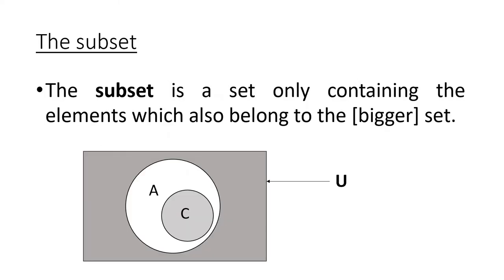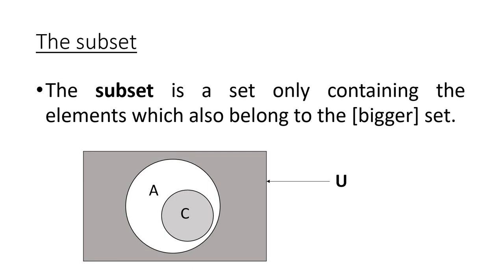That's why we can safely say that C is the subset of A. Again, this is the graphical representation. It is located within A, and in turn, A is the subset of U.